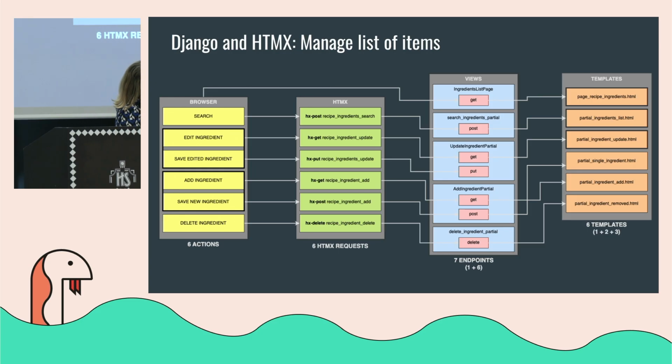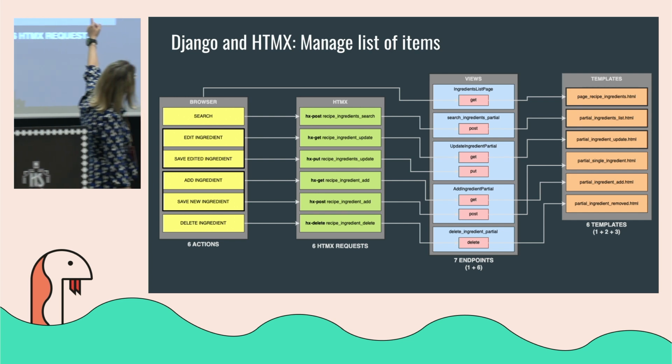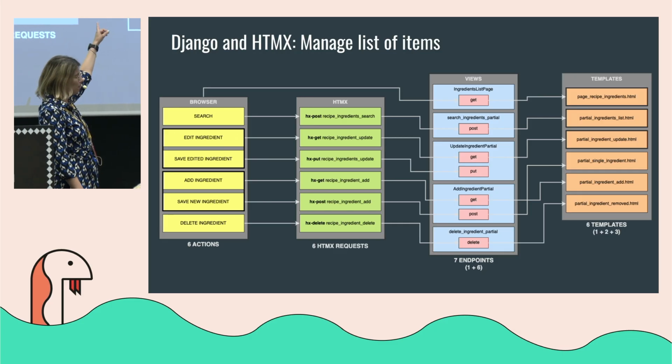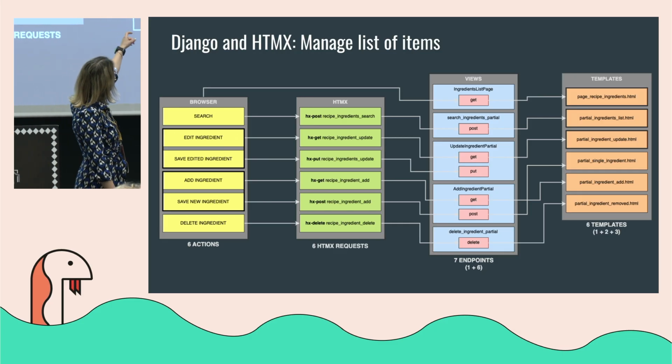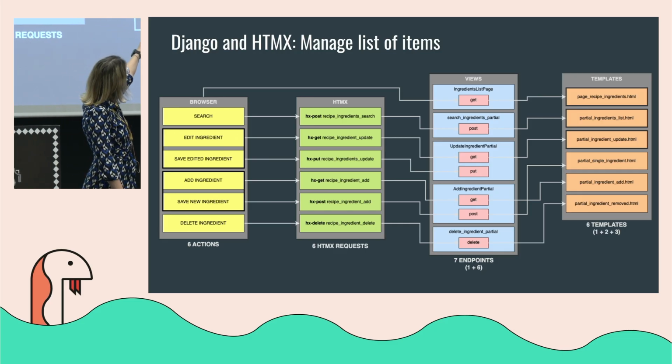The search is then posted to the search ingredient partial, and the partial ingredients list is updated. Edit ingredient requires the GET request to recipe ingredient update. The update ingredient is first called with get, and the partial ingredient update is called. And when you save that ingredient, you go to the same Django view, but this time with a PUT request.